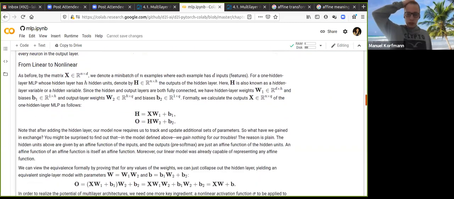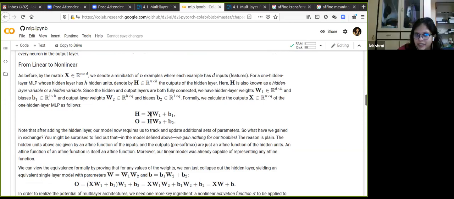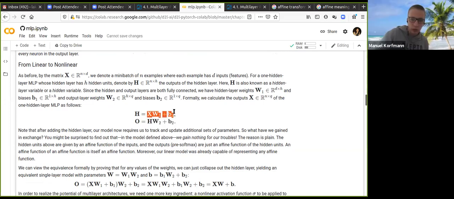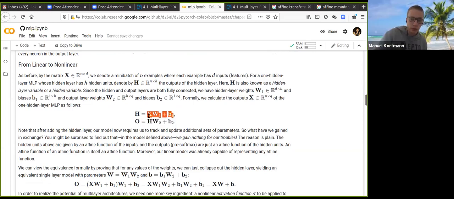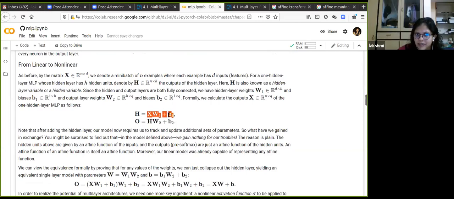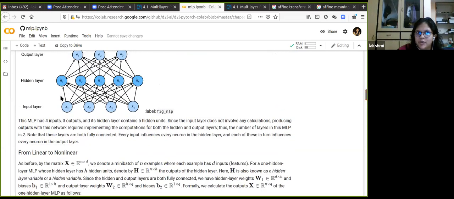I was thinking affine was a linear function. So they say nothing is gained, we gain nothing for our troubles. So this is a linear function, right? Yeah. This equation is happening in parallel for every feature to every hidden unit. That is why they call it affine.